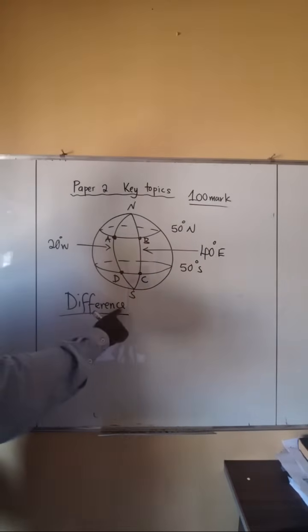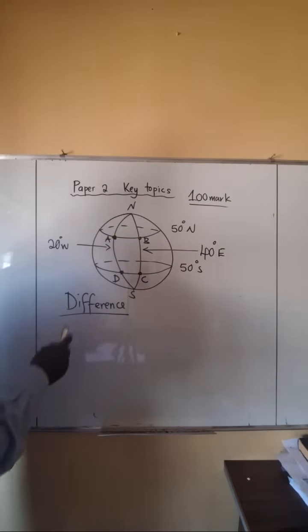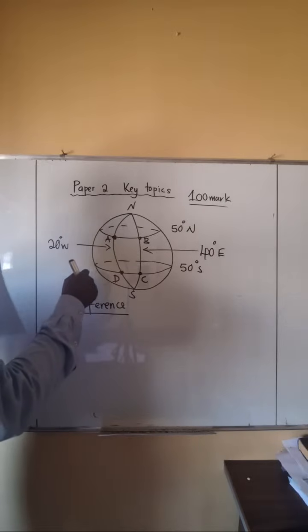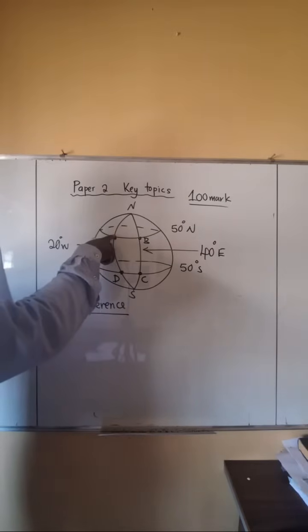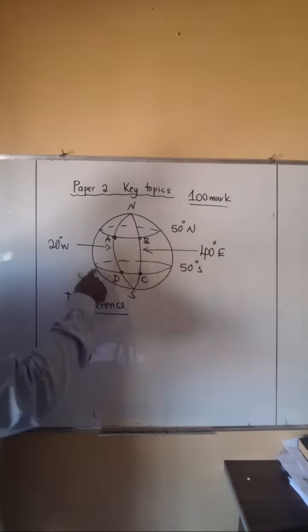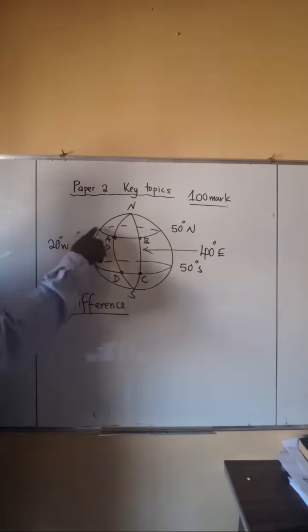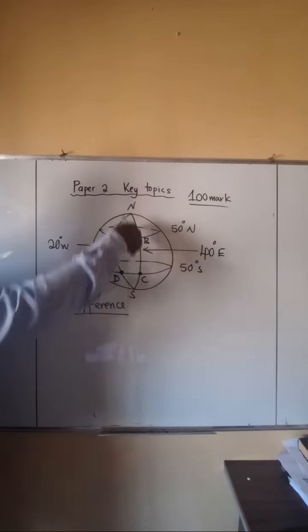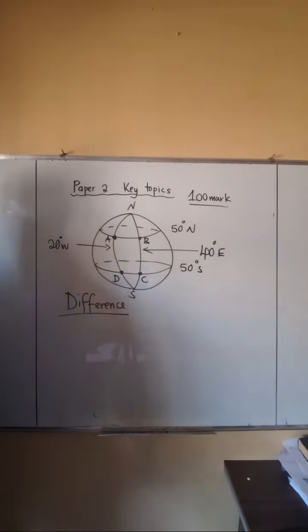So the difference. So these guys, they have said find or we calculate the difference in latitude between point A and D. Now let me share something with you. The lines which are going like this, these are called latitudes. While the lines which are coming like this, they are called longitudes.